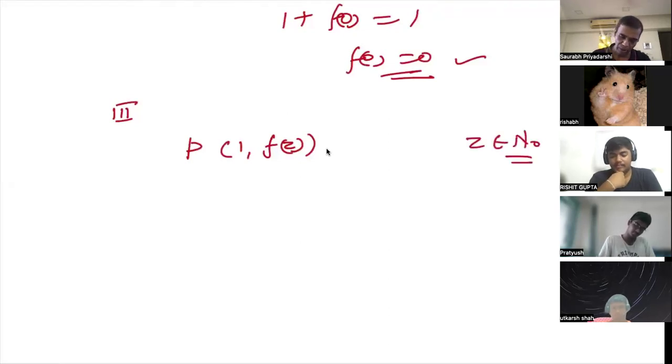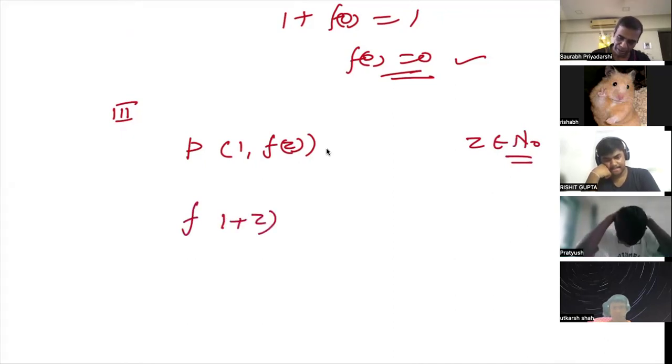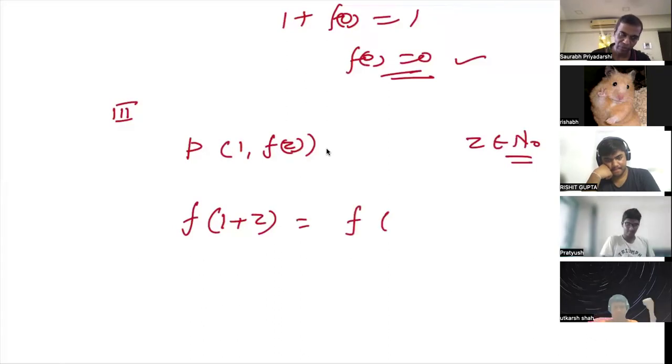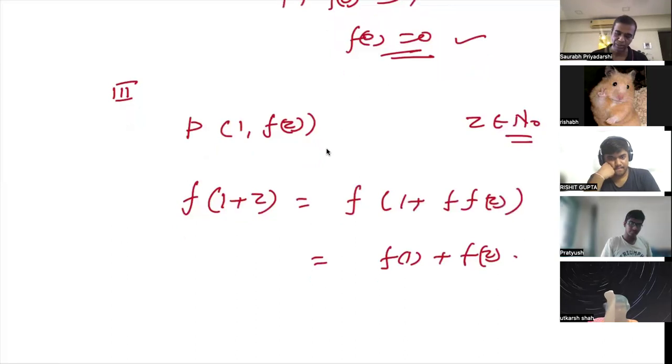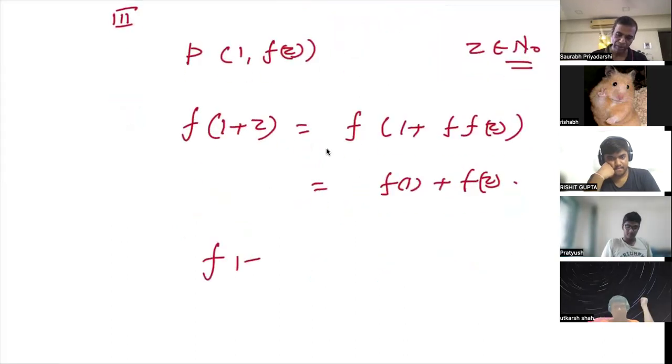So what I'm getting is 1 plus f of z, f of f of z is z only, is equal to f of 1 plus f of z. And this is nothing but f of 1 plus f of z, meaning f of 1 plus z is equal to f1 plus fz.